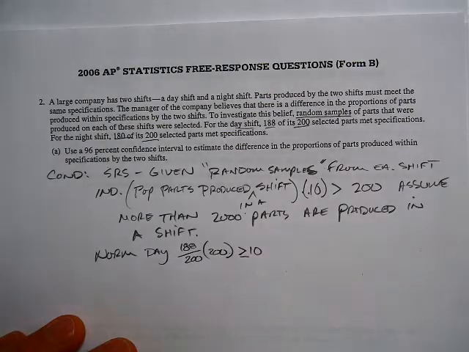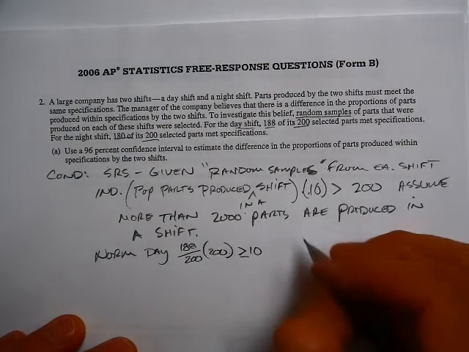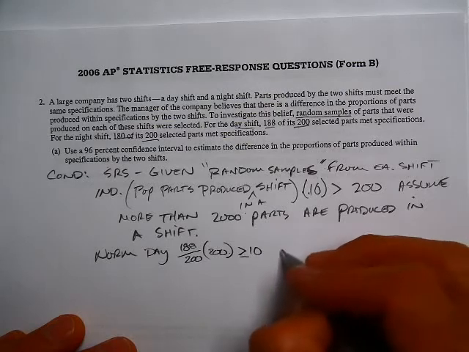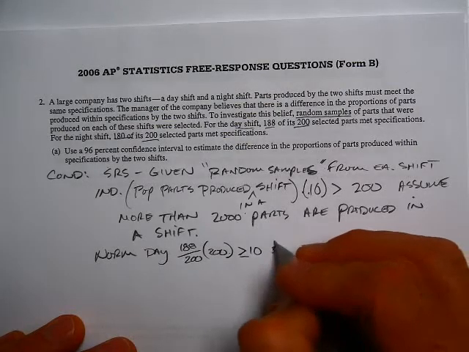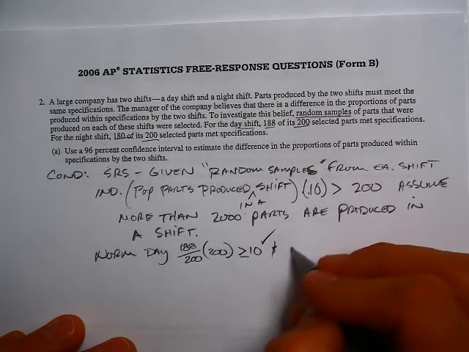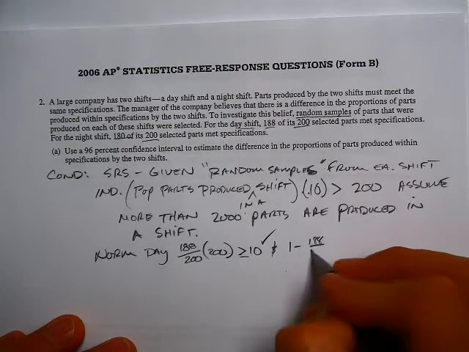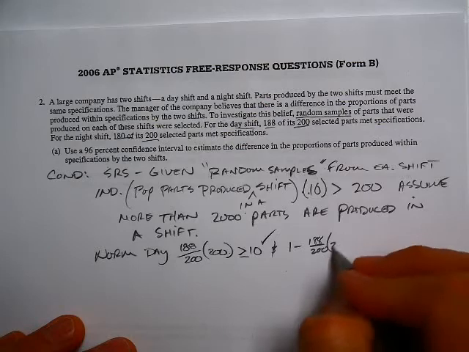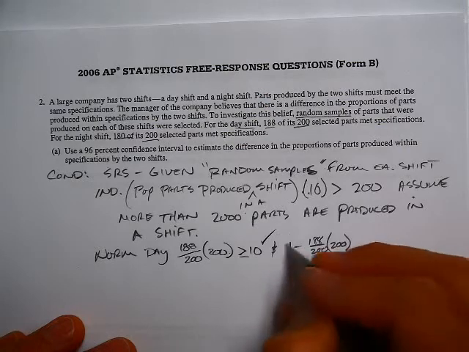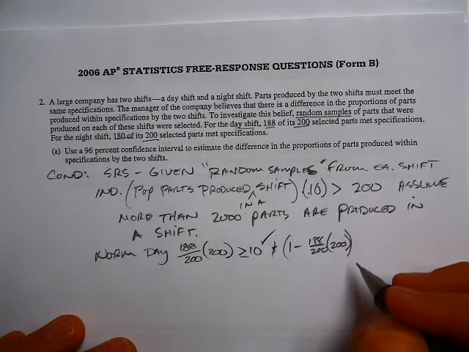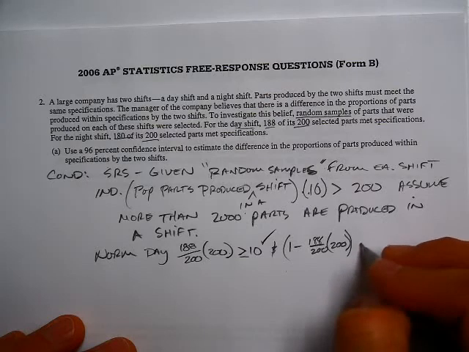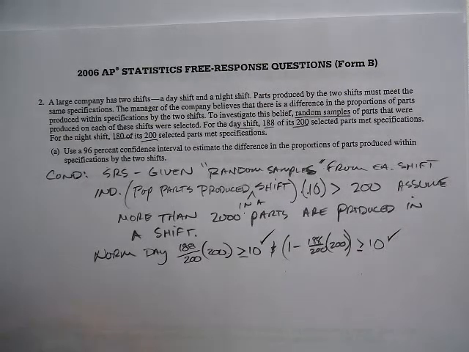You bet it is. It's 188. And is, put a little check mark, 1 minus 188 over 200 times 200 greater than or equal to 10? Yes, it is. That would be 12.